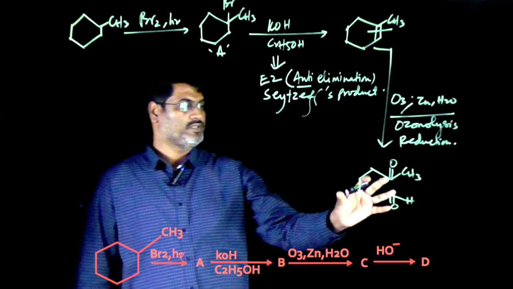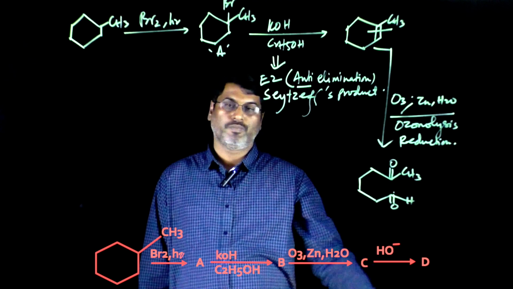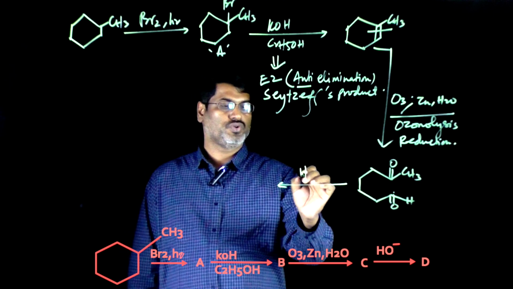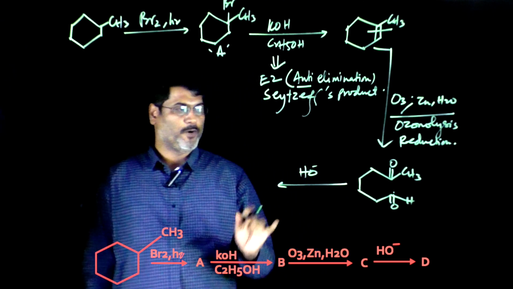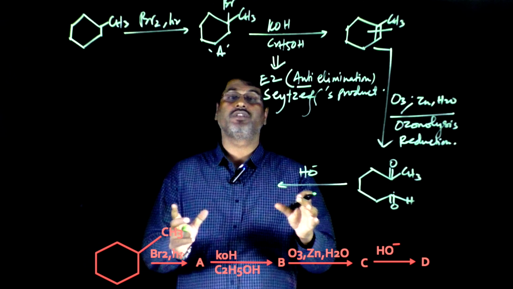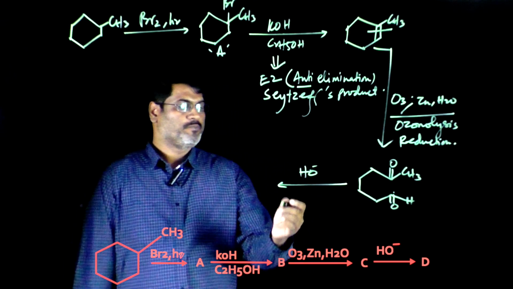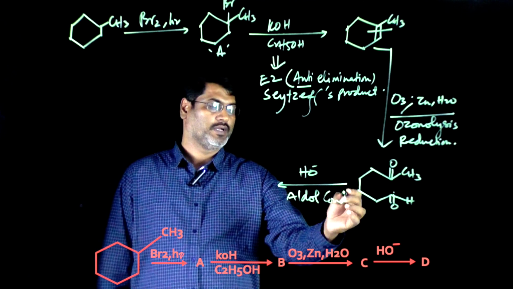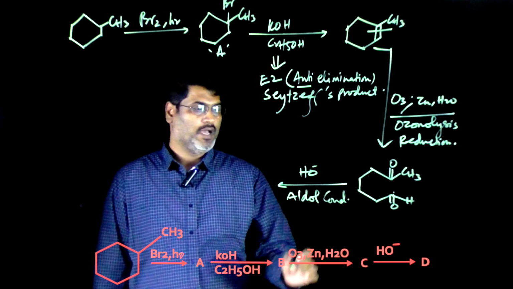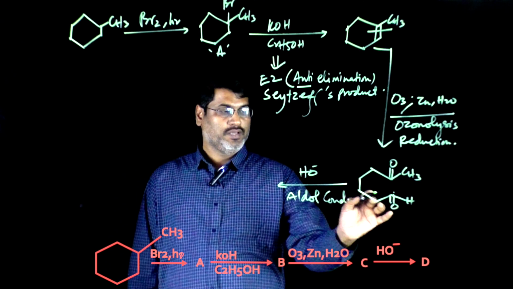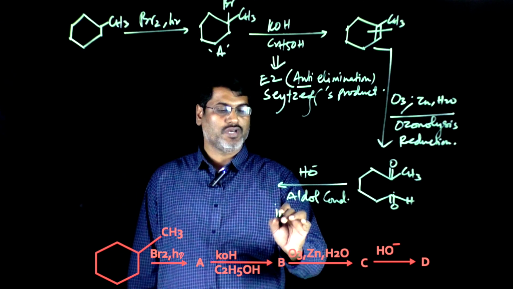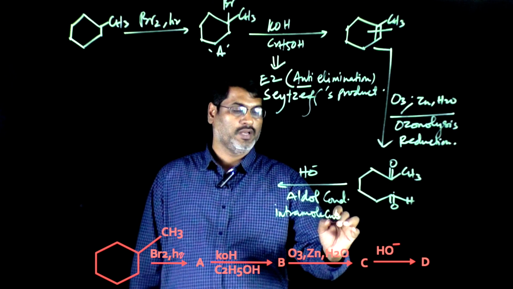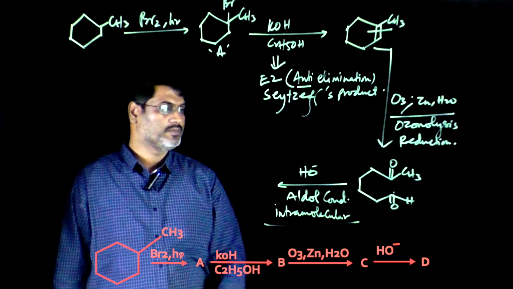You see this question, your next one is there, this is a diketo compound and that is treated with HO minus. What is this reaction? This reaction is aldol condensation, and here you will find that this is the intramolecular aldol condensation.